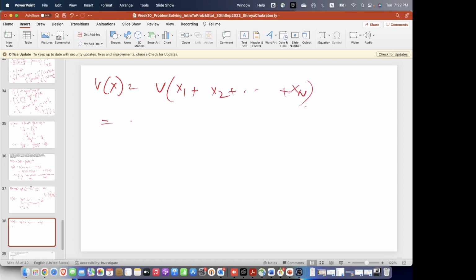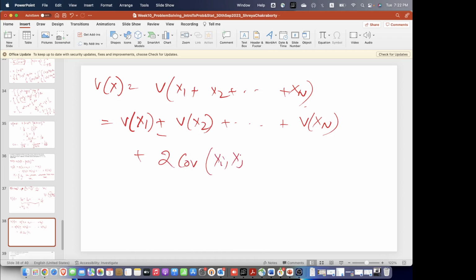So this would be the variance of x1 plus the variance of x2 plus the variance of xn plus 2 times the covariance of xi xj, where xi and xj can range from i equal to 1 to n, j equal to 1 to n, i not equal to j.